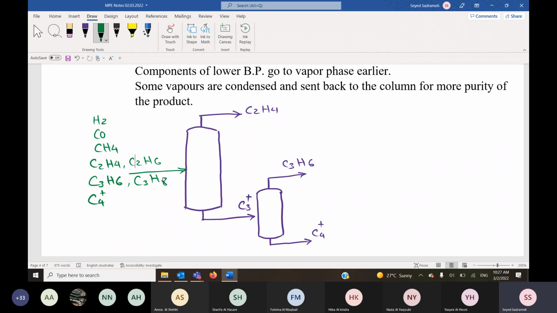In this case, these are the feedstock mixing with the product. So they come here as C2H6 and then C3H8. So then these also should go to another column.